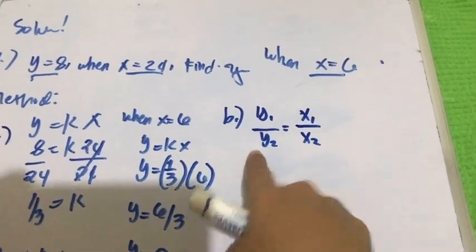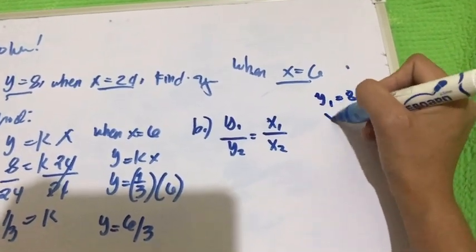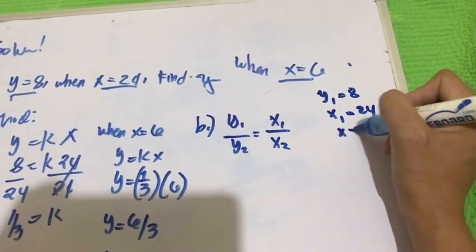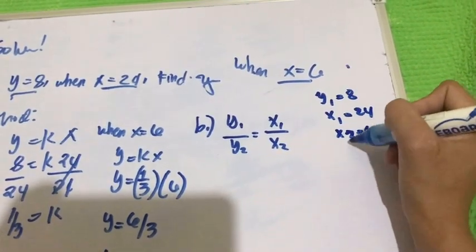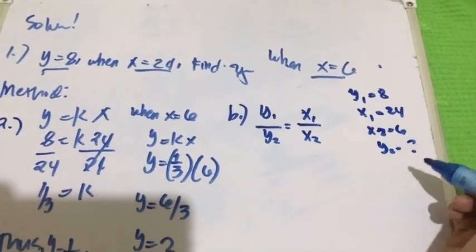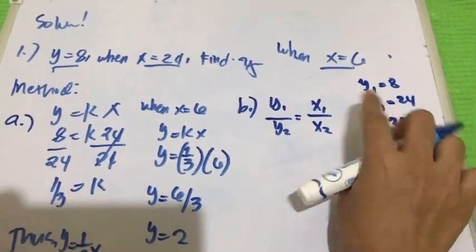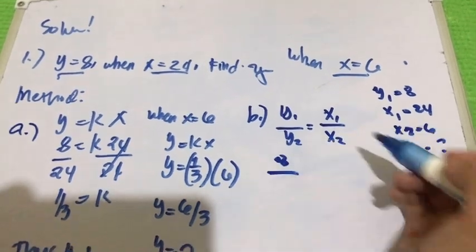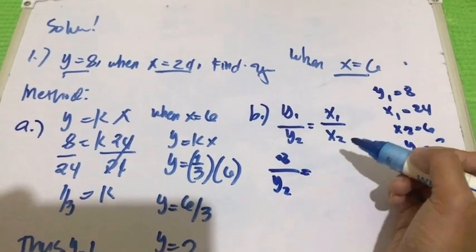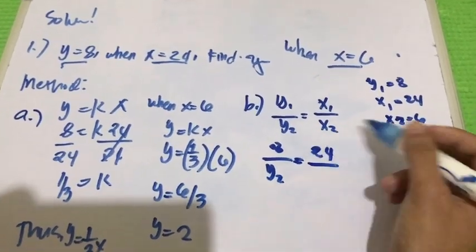So in here, we label y sub 1 as 8, x sub 1 as 24, x sub 2 as 6, and y sub 2 as unknown. So let us just substitute all these values: y sub 1, we have here 8, y sub 2 as is, x sub 1, this is 24 all over x sub 2, that's 6.